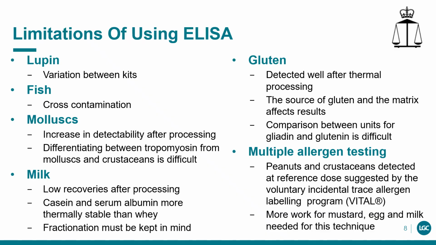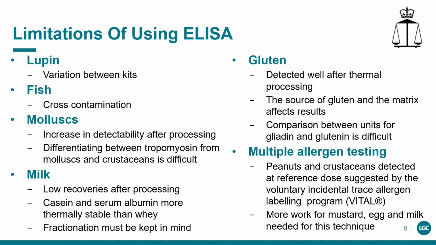Some specific examples of ELISA performance: the concentration of lupin detected and cross-reactives observed with other legumes vary between kits. Overall, fish can be difficult to detect accurately with ELISA, largely due to cross-reactivity and thermal processing. Mollusks seemingly increase in detectability by ELISA testing after processing.